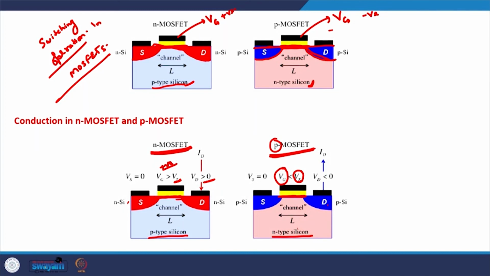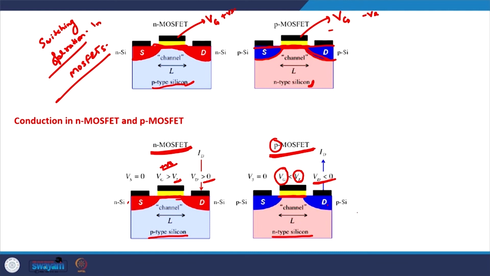And then if we apply a negative voltage on the drain terminal and 0 voltage on the source terminal, the current will flow from the source to the drain and holes will flow from the source to the drain. Okay. So, please keep these minute differences in mind, that the current direction in P MOSFET and N MOSFET is reverse to each other.